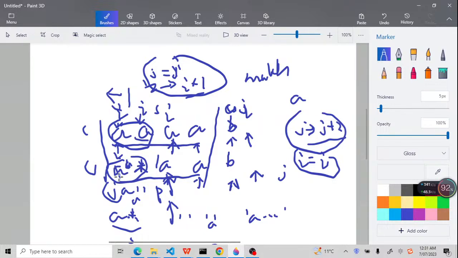We need to check if p j equals s i, if they are matched. Here we don't need to check because even if this i moved one place, because here is already a star, we can check as many as we like.